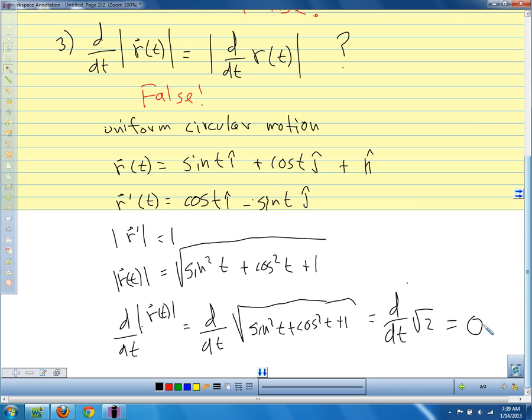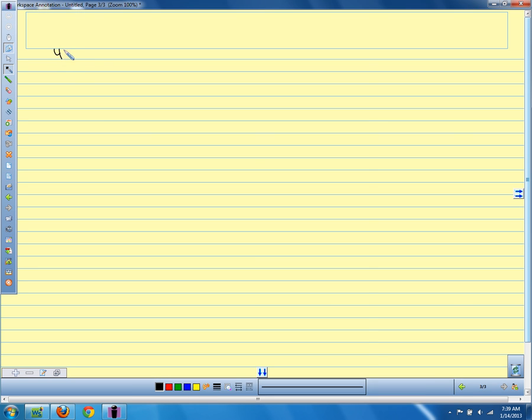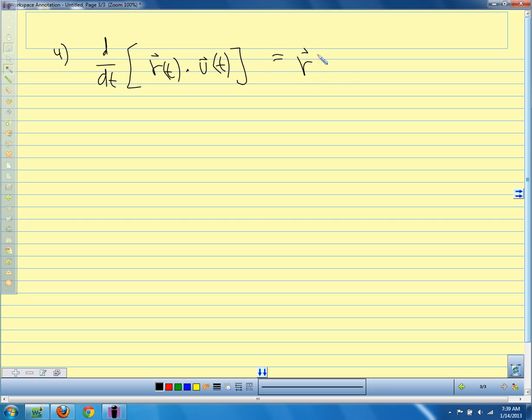One more. Number 4. You guys will get this one easily. d/dt of r of t dot u of t equals r prime dot u prime. True or false?